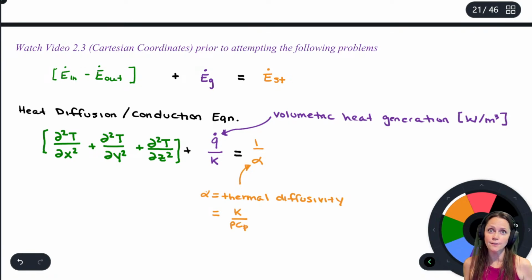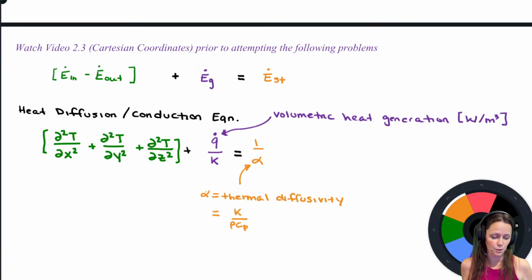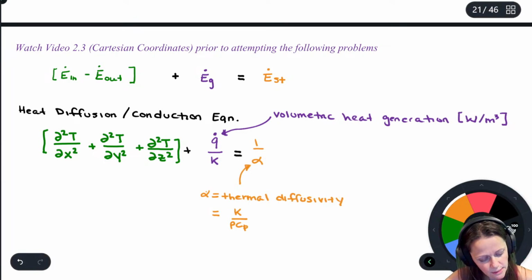So Cp, specific heat, hopefully you're familiar with that. Specific heat is a material property. It's the amount of energy that you have to put into the substance to increase the temperature by 1 degree, either 1 degree Celsius or 1 Kelvin, but 1 unit degree. K is the thermal conductivity, which we talked about. So this is really just kind of a measure.